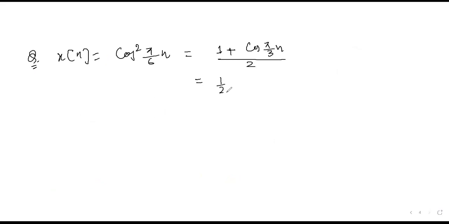You can write 1 by 2 plus 1 by 2 cos of pi by 3 n. Got it? So this is your DC signal, and a DC signal has a constant value, so it has no time period.